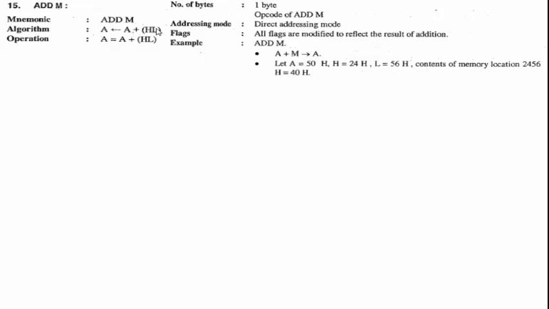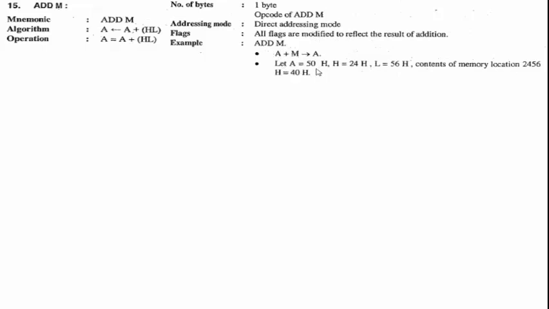If you observe a 16-bit address in the operand field, at that time you can say direct addressing mode. Right now the addressing mode for this ADD M instruction is indirect addressing mode. All flag bits get modified after the execution of this addition instruction.